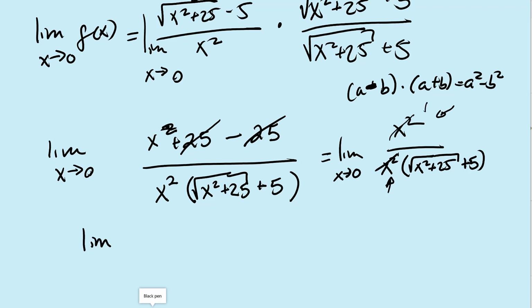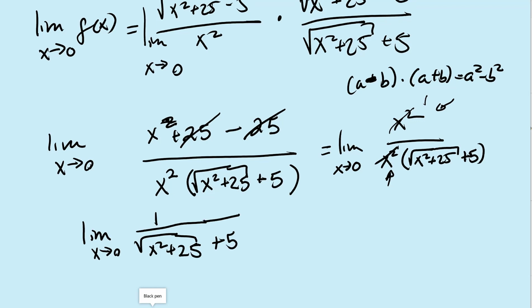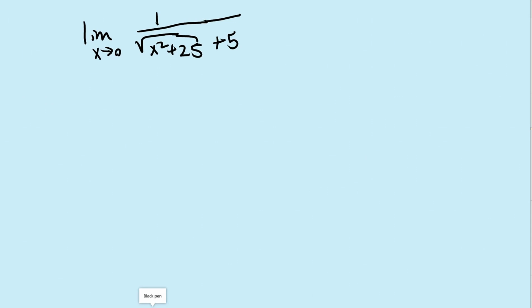So now we're looking at the limit of x goes to 0 of 1 divided by square root of x squared plus 25 plus 5. Now we're getting to the point where we could use our limit laws.